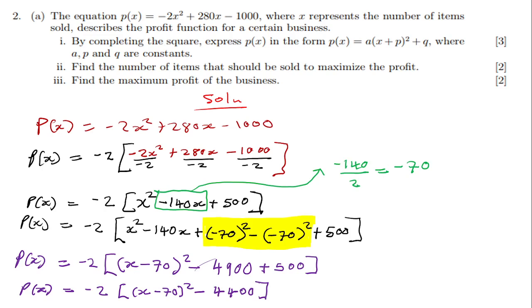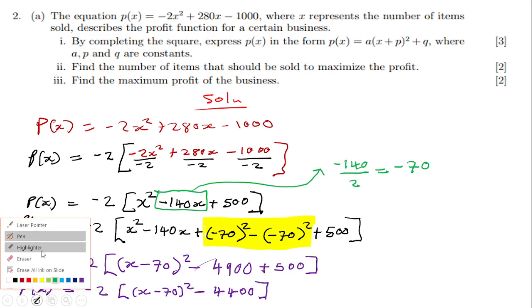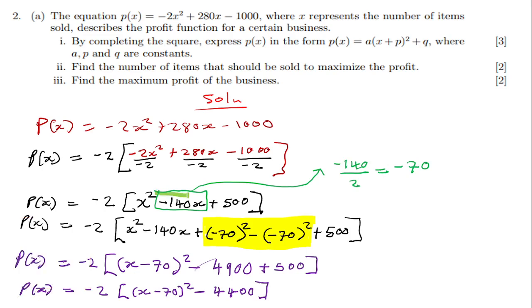Where did we get those -70 and -70 squared? From finding the half. There is a part I have put in green. We had to find the half of 140.